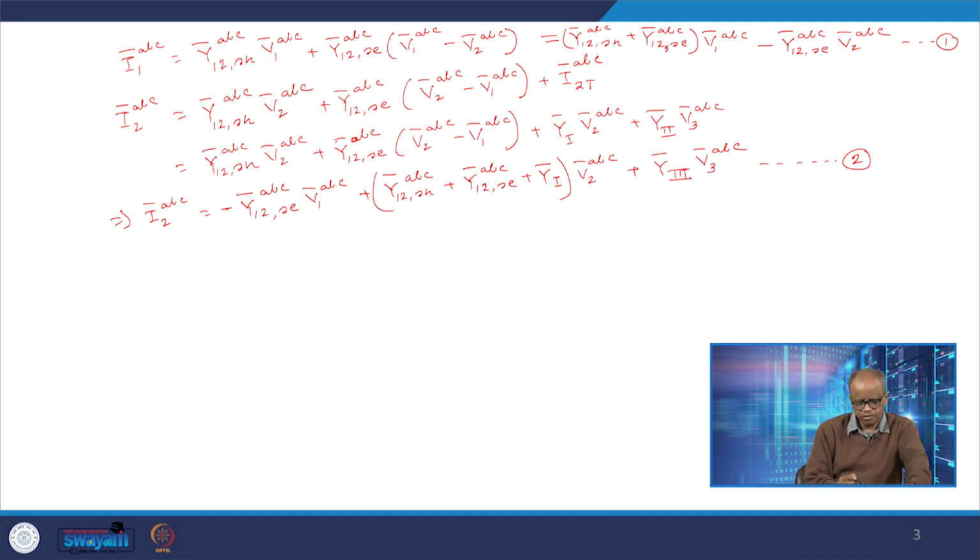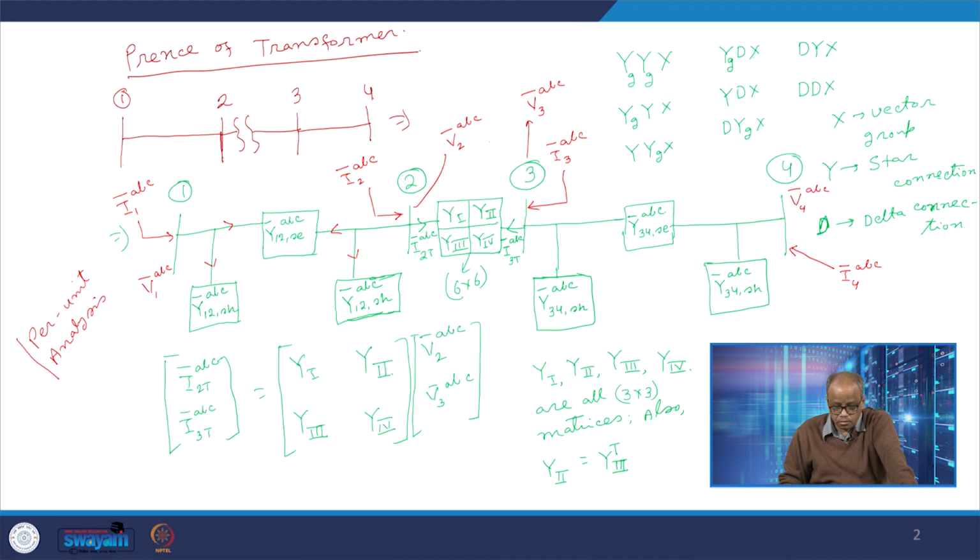For bus 3, this injected current would be equal to this current plus this current plus this current.